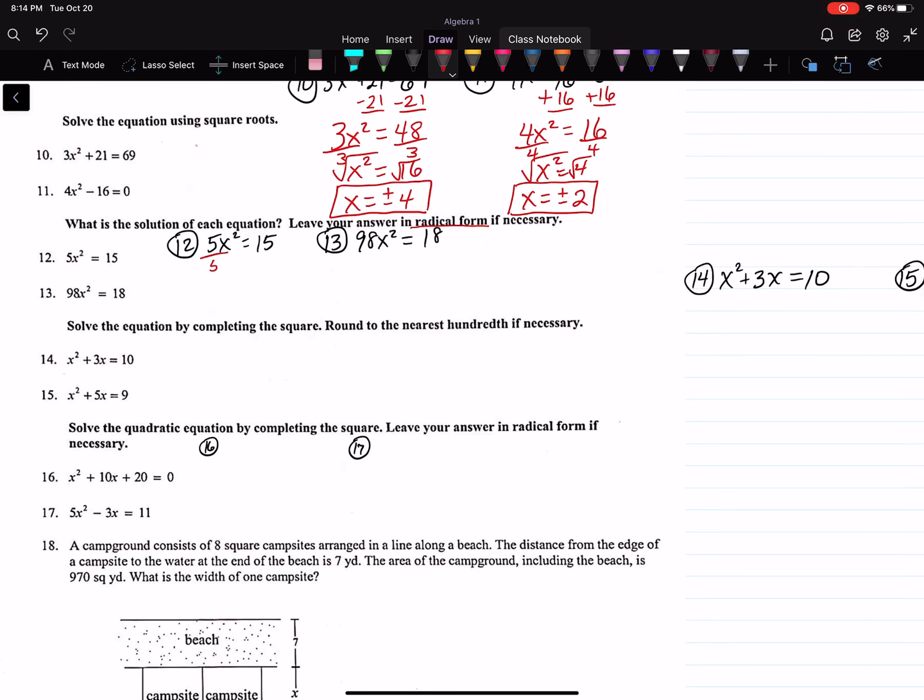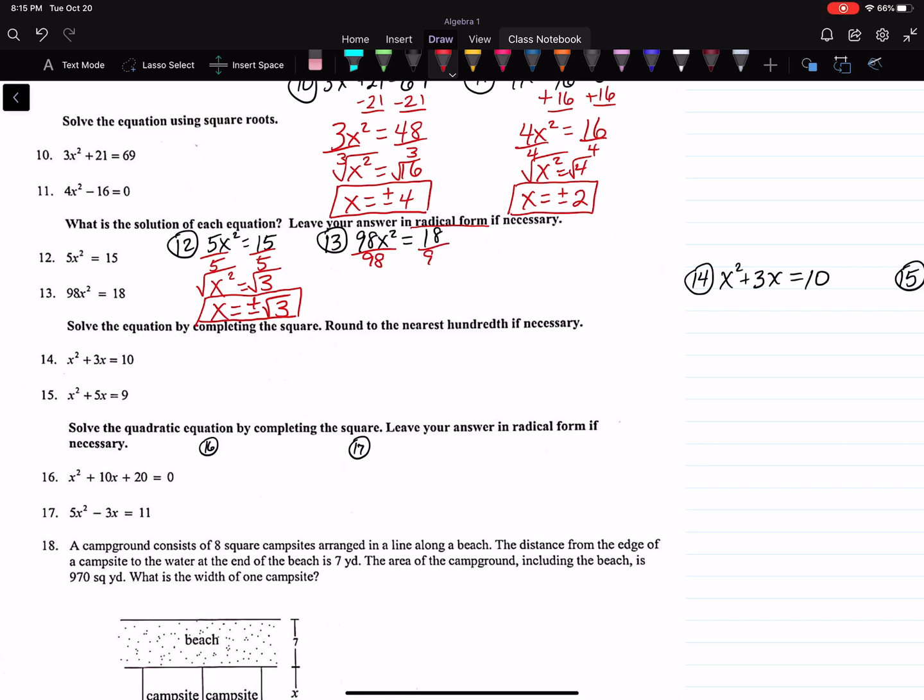So we're going to divide by 5. For number 12, that'll be x squared equals 3. Take the square root of 3, and that is my answer. X equals plus or minus the square root of 3. That is simplest radical form. Okay? You don't have to put it in your calculator because it wants it in radical form.